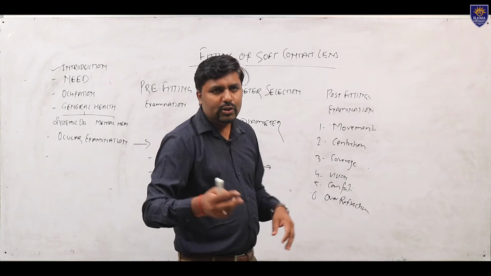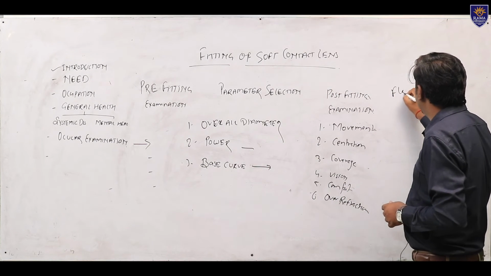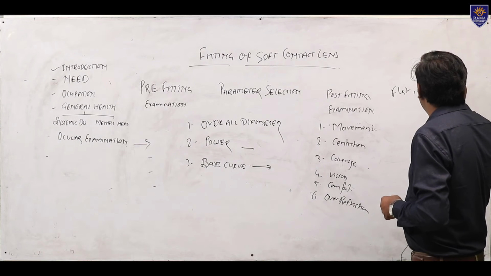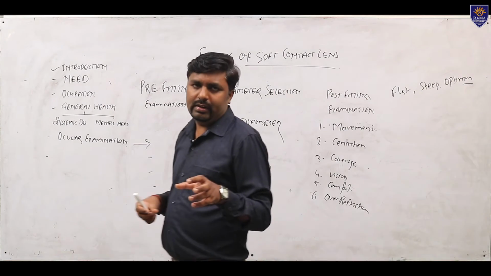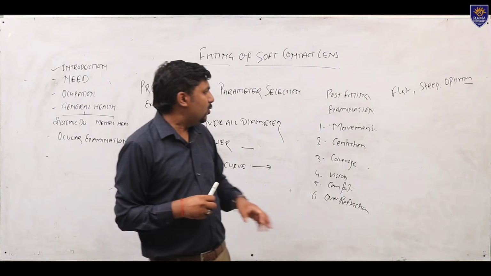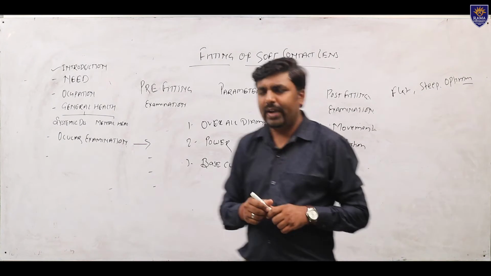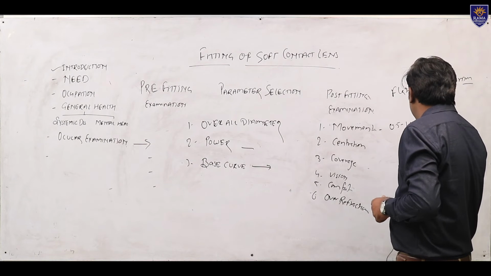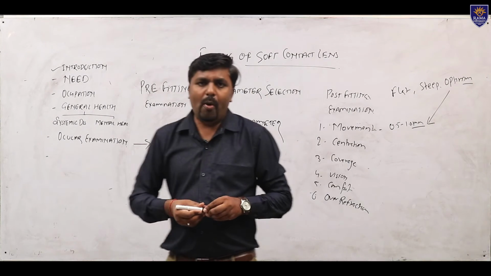In movement, as you all know, the fittings are of three types. One is the flat fit, second steep fit, and third is optimum fit. We always require the optimum fit. This is the ideal fit. In examination of post fitting movement, if you get movement of 0.5 to 1 mm, that is the optimum fit.